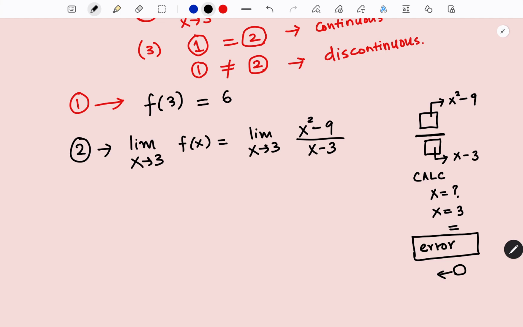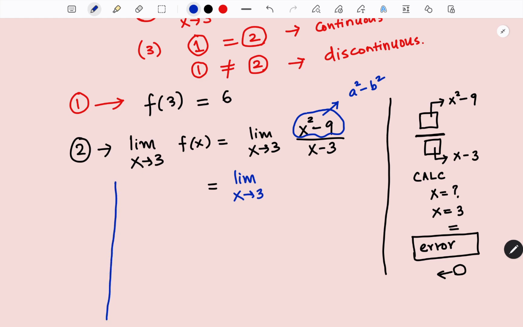For this question, I put it in the calculator and I am getting a math error. So you need to do the simplification. The limit as x tends to 3: if you look at the numerator, it is of the form a squared minus b squared. A squared minus b squared equals a minus b times a plus b.